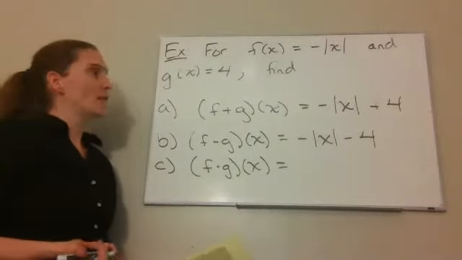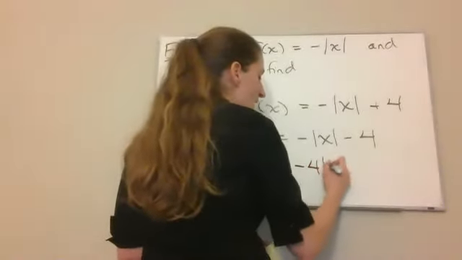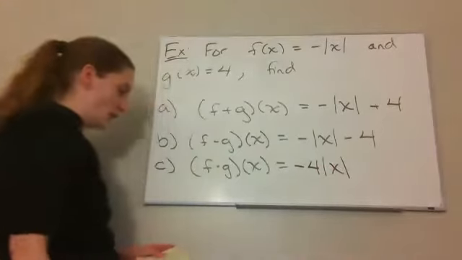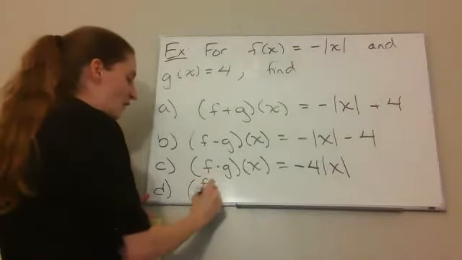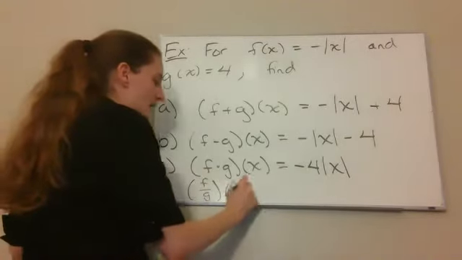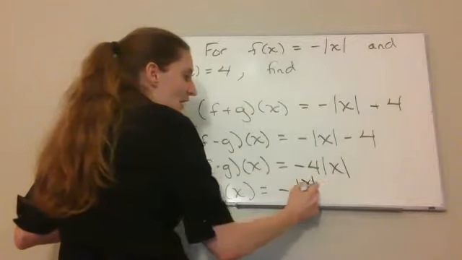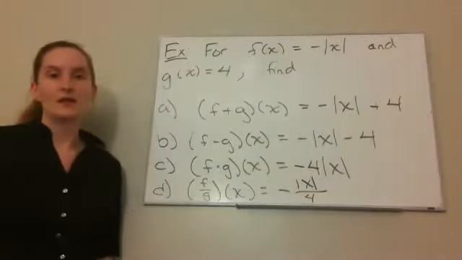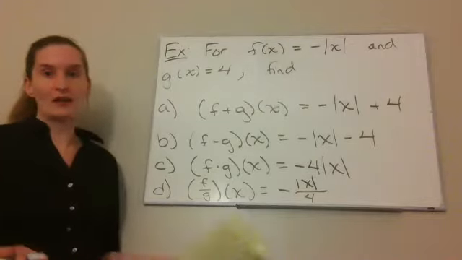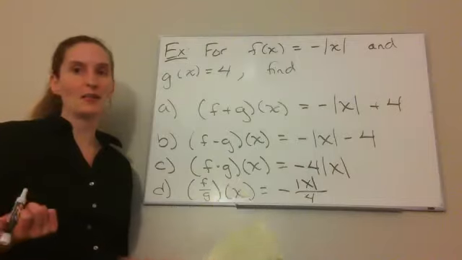So negative absolute value of x times 4 would get me negative 4 times absolute value of x. And then for the last one, let's take a look at f over g. So I would have negative absolute value of x over 4. Not too bad. It's just a matter of writing them in the right places and performing the correct mathematical operations.